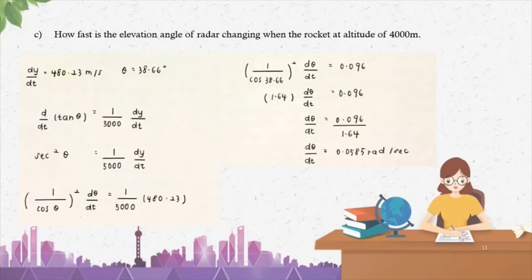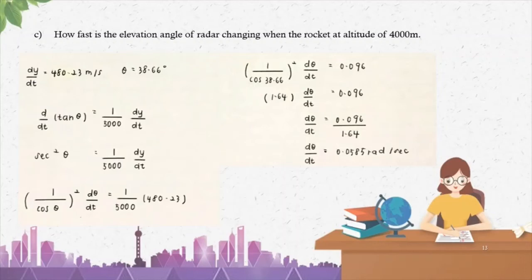So differentiate tan theta, we will get sec squared theta, that is equal to 1 over cos theta squared.